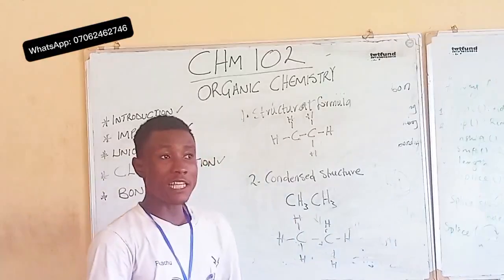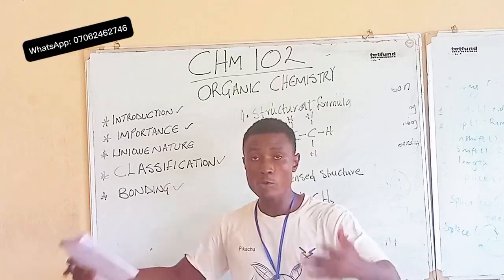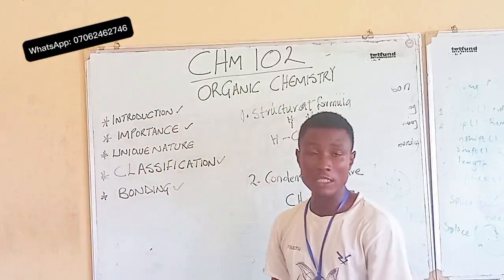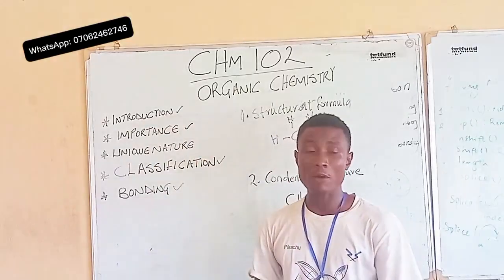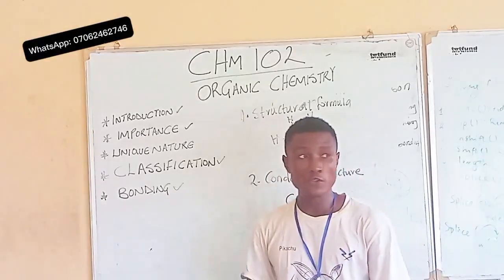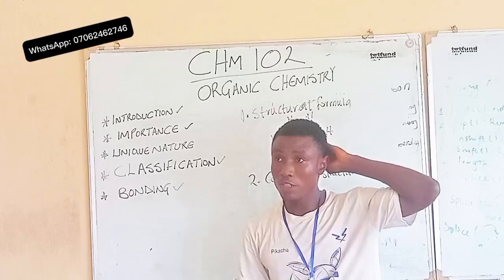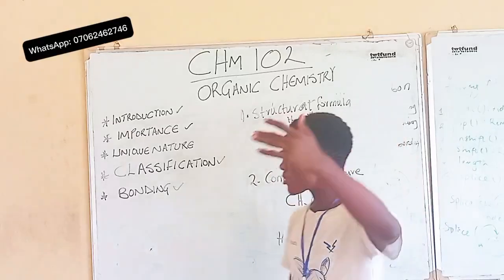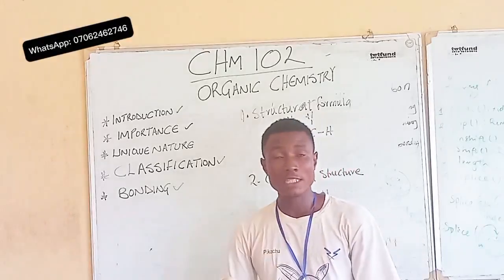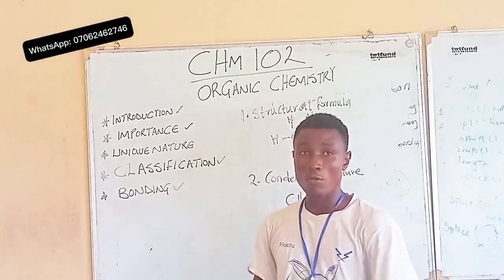So this is basically the introduction to what you are supposed to do when it comes to organic chemistry. As time goes on, we will continue building from this. I've talked about the introduction of what organic chemistry is, simply the chemistry of carbon compounds and their derivatives, which include hydrogen, nitrogen, sulfur, phosphorus, but focusing mainly on hydrocarbons. The hydrocarbons are made of hydrogen and carbon. I've talked about the importance of organic compounds; they can be used in medicine, in agriculture, in industries and what have you.